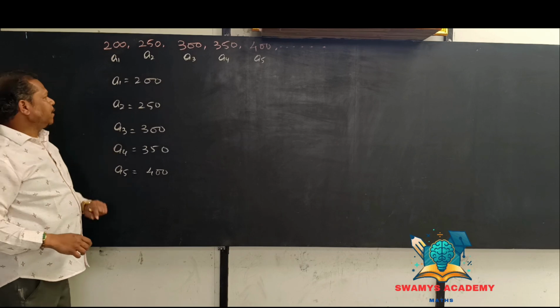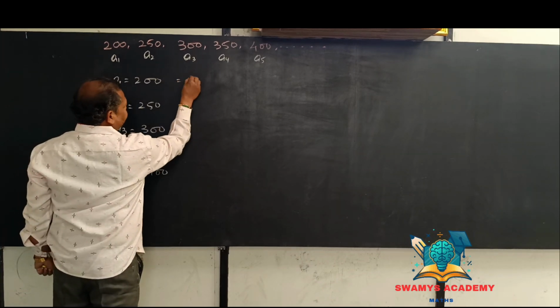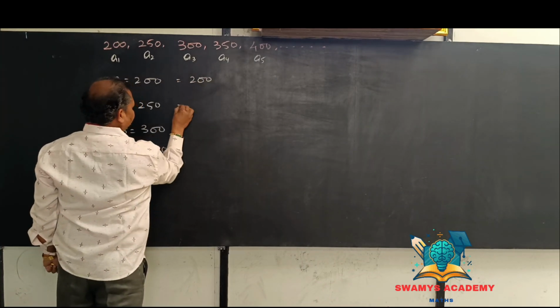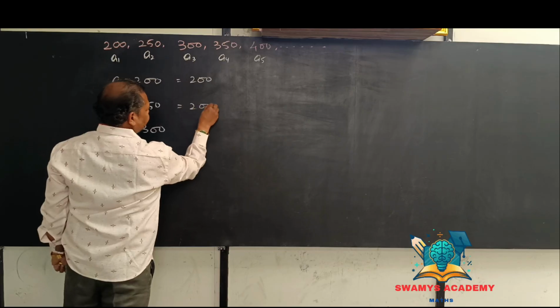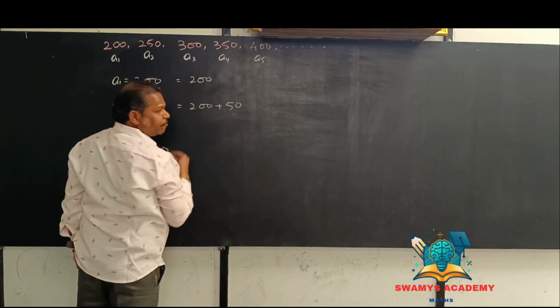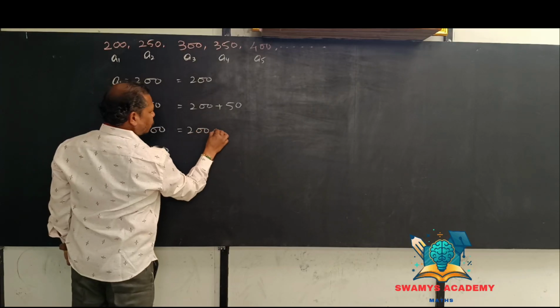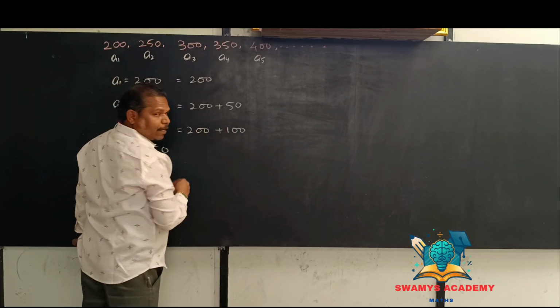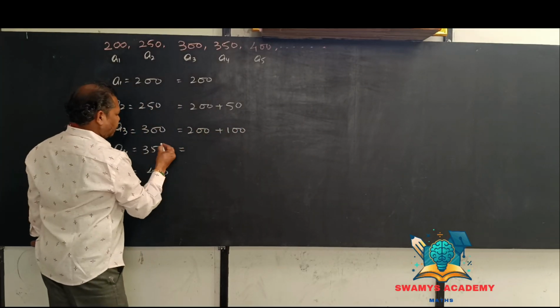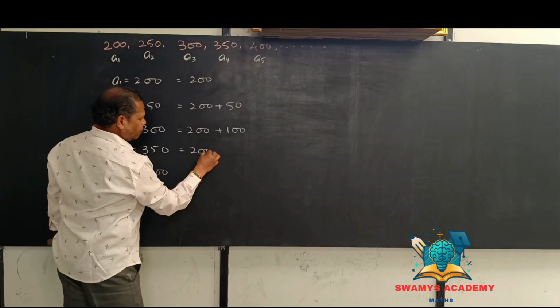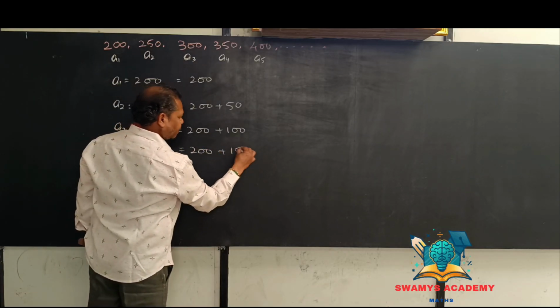Next, one by one we'll expand that. 200 as it is. Next, 250, what you can write is 200 plus 50. Next, 300, you can write 200 plus 100. 350, you can write 200 plus 150.